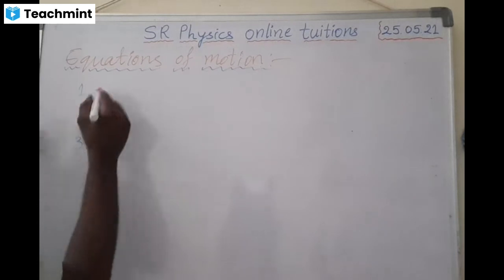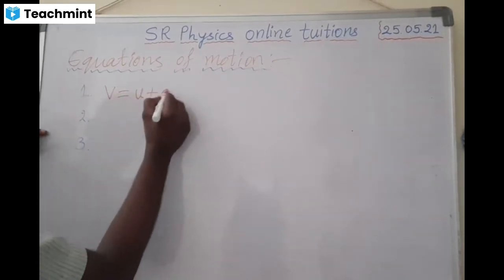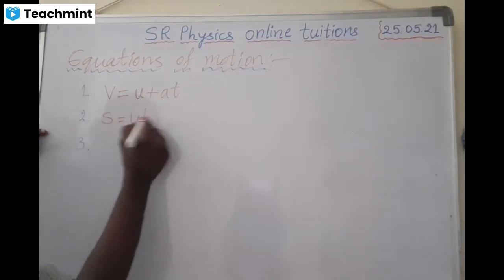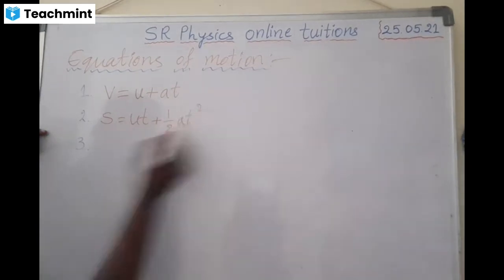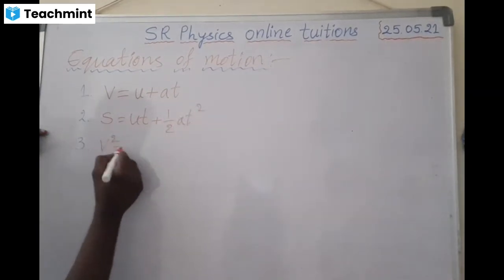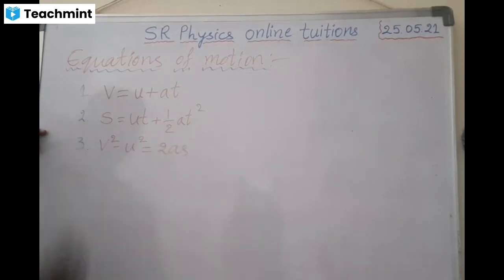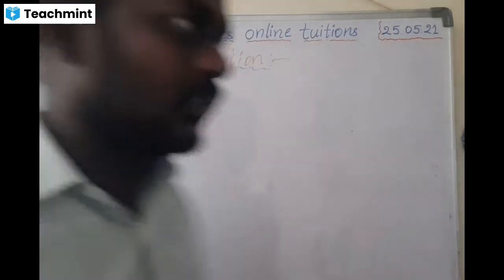Here the first one is what, Nana? V is equal to U plus AT, and S is equal to UT plus half of AT square, V square minus U square is equal to 2AS. Here are the three equations of motion.